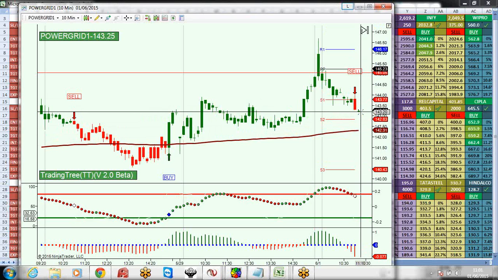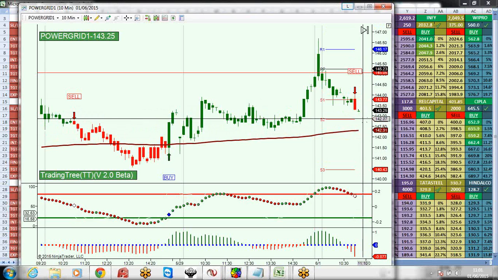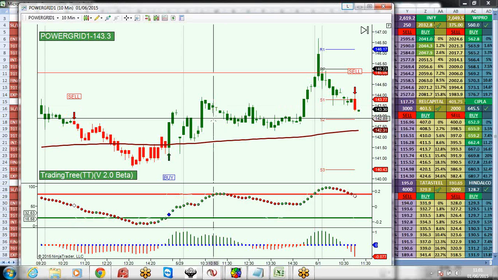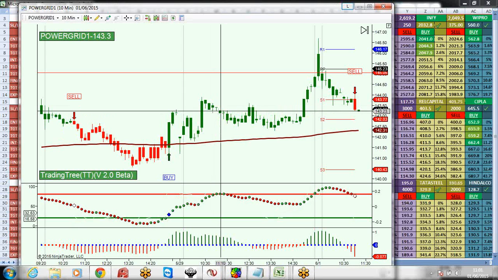I think there is a support here, S2 and S1. 43.20.